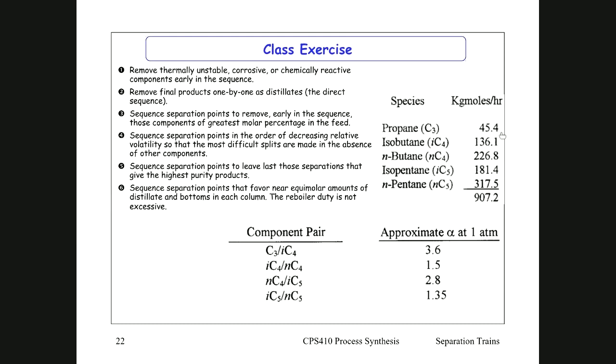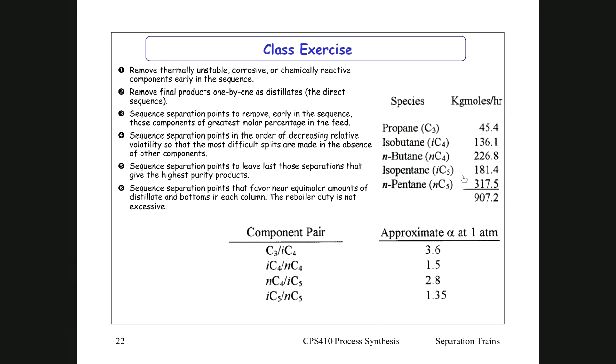So if you look at C3 versus IC4, at one stage you will need to do a separation at that point, and so it makes more sense that you should do it there. Okay, thank you. Or it makes more sense that you should be talking about the 3.6, instead of C3 versus NC4, which will be 3.6 times 1.5.